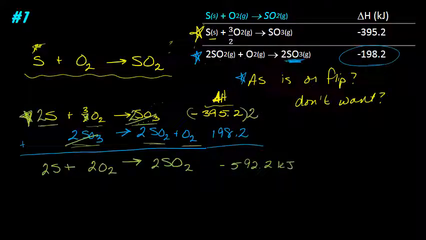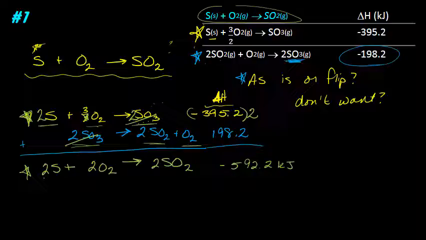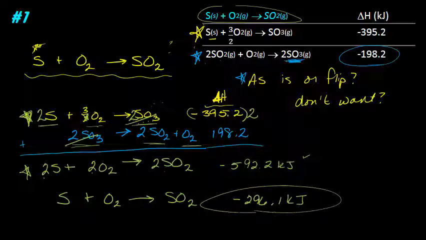The only problem is this green equation does not look exactly like our goal equation. That's right, we need to divide each one of these coefficients by 2. That ends up with S plus O2 yields SO2, which means I have to divide this guy also by 2, which then gives us negative 296.1 kilojoules. And that's our final answer.